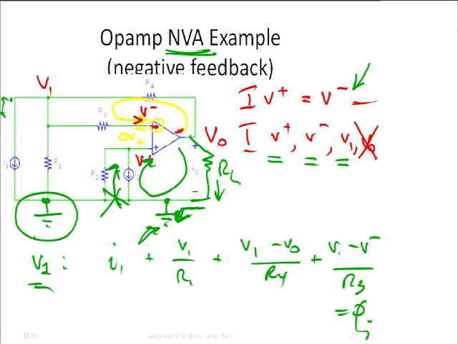That's all you write. And then, of course, you would find that V minus is equal to V1, right? And from that, solving the equations, you then find that V plus is equal to V minus, and it's also equal to V1.